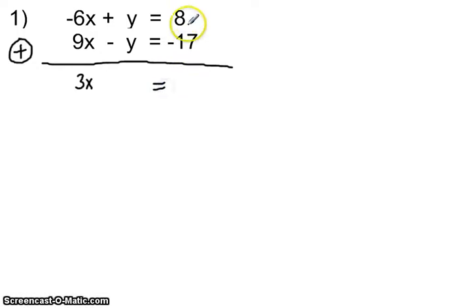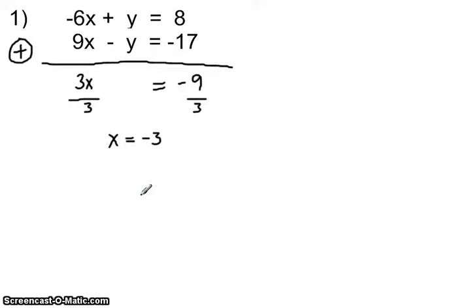And this equals 8 plus a negative 17, which is negative 9. So check this out. I had two variables before, but the y's got eliminated. So now I've just got 3x is equal to negative 9. This is super easy to solve. All I have to do is divide each side by 3, and I get x is equal to negative 3.